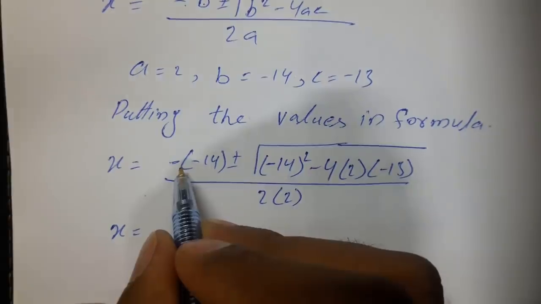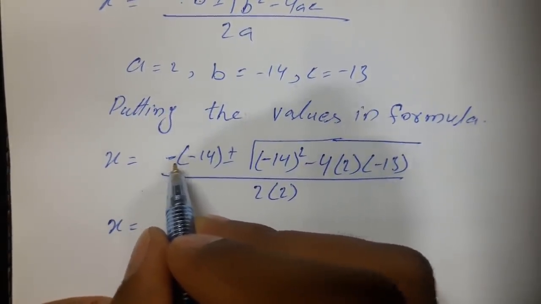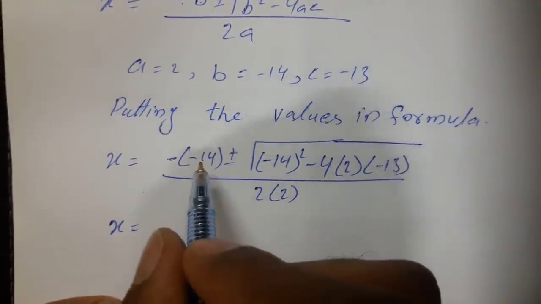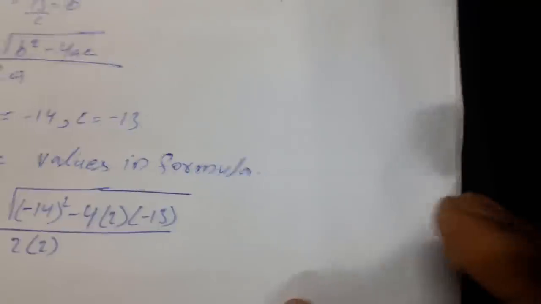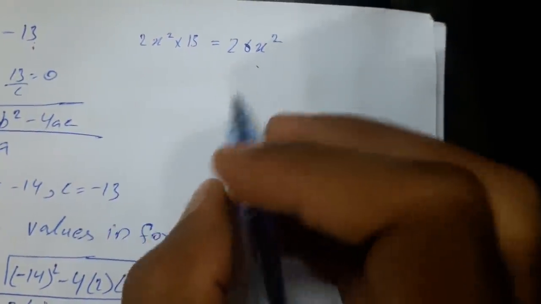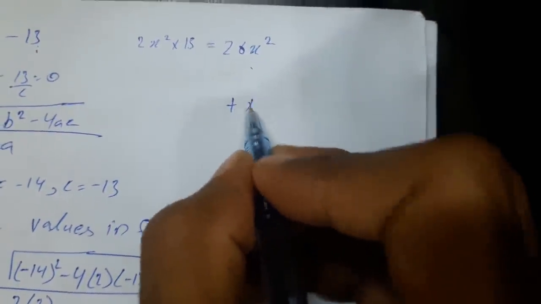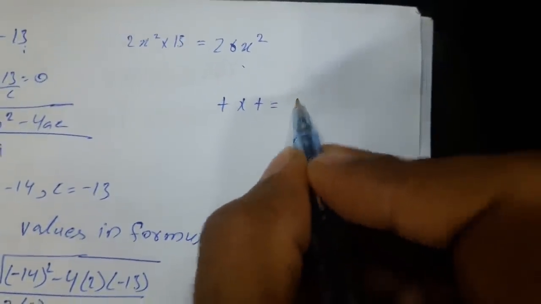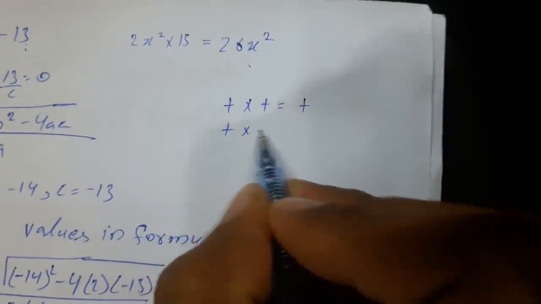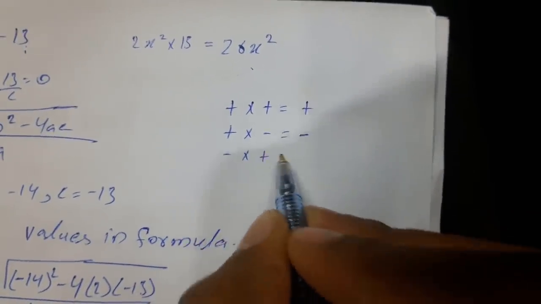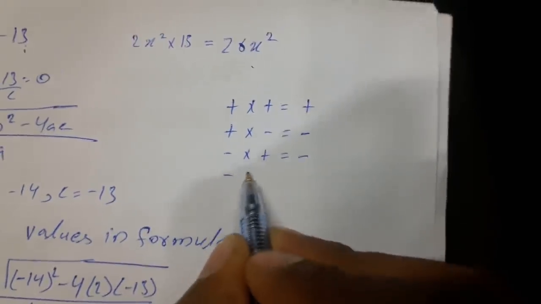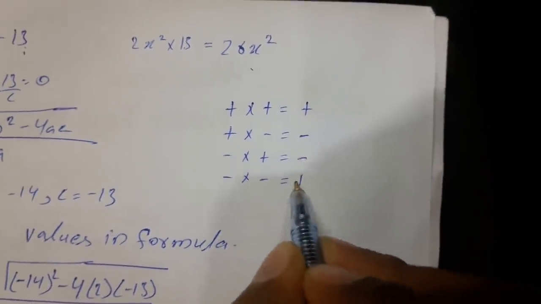Okay, now we are moving further. When two signs multiply each other, the value may change. Like minus into minus is equals to plus. You should know the plus minus multiplication rules. Plus into plus is equals to plus, plus into minus is equals to minus, minus into plus is equals to minus, minus into minus is equals to plus.